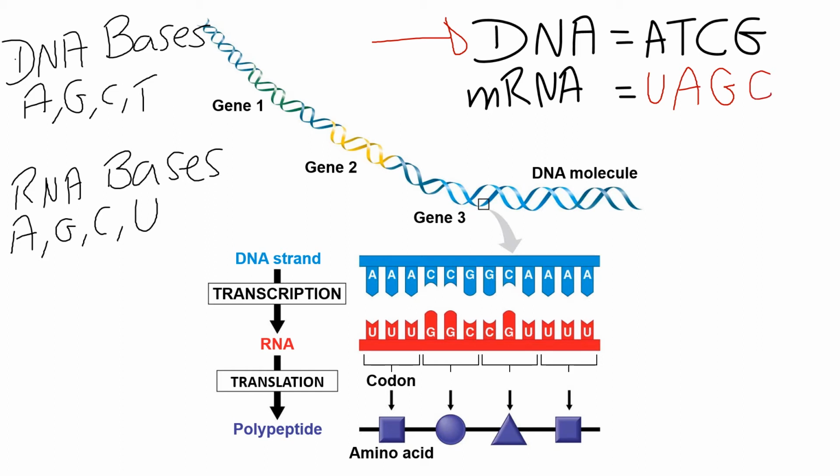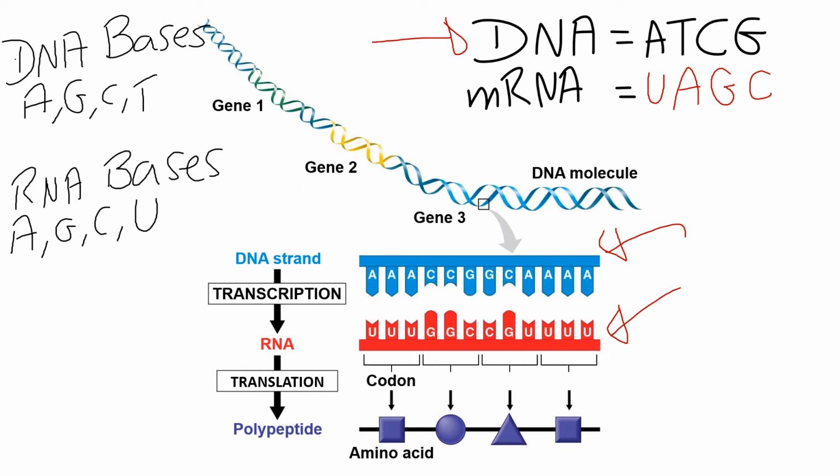So your messenger RNA strand will read UAGC. Messenger RNA does not have any thymines. So adenine will always bind to uracil if we're trying to build a messenger RNA. And you have an example right here of a DNA strand and the messenger RNA strand that will result after going through the process of transcription.